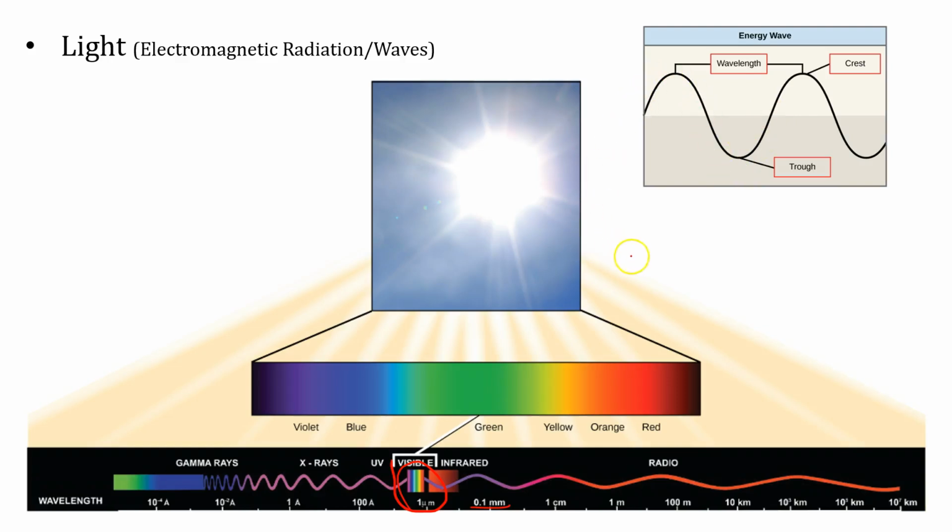Some receptors in our eyes detect some wavelengths, and we perceive it as something like violet and blue, whereas other receptors can detect other wavelengths, and we see it as yellow or orange or red or green. So they're all different wavelengths.